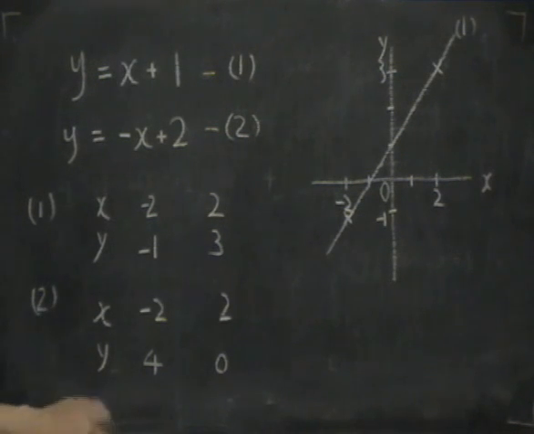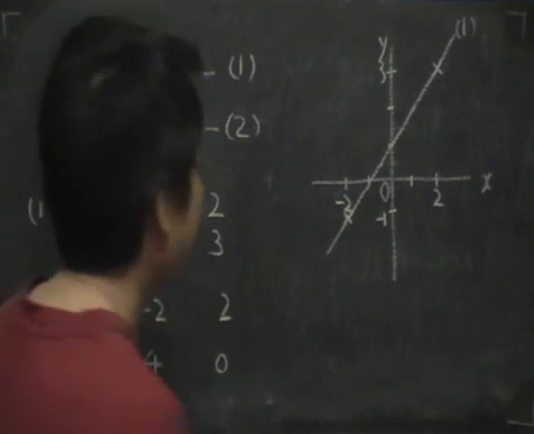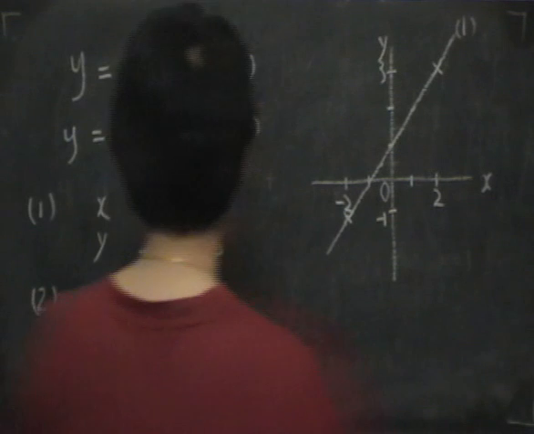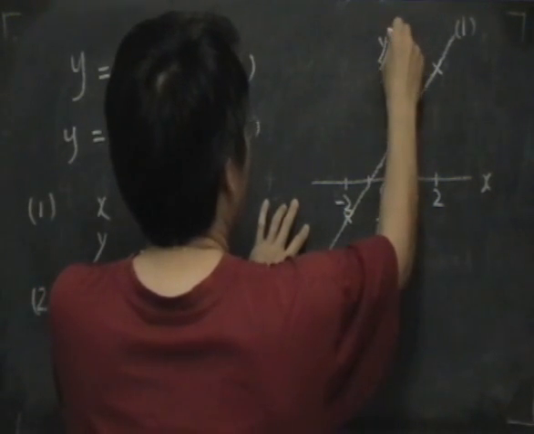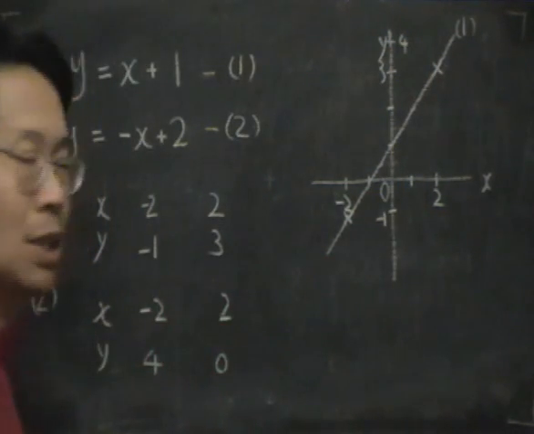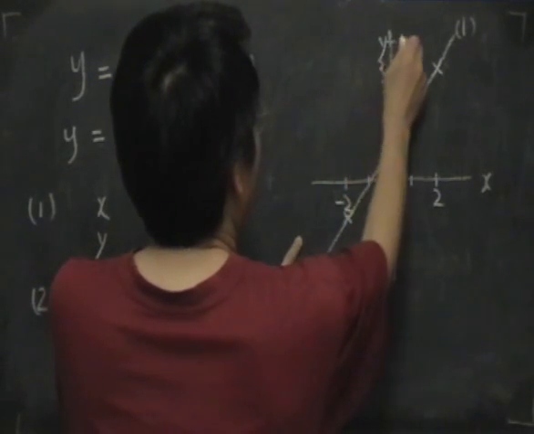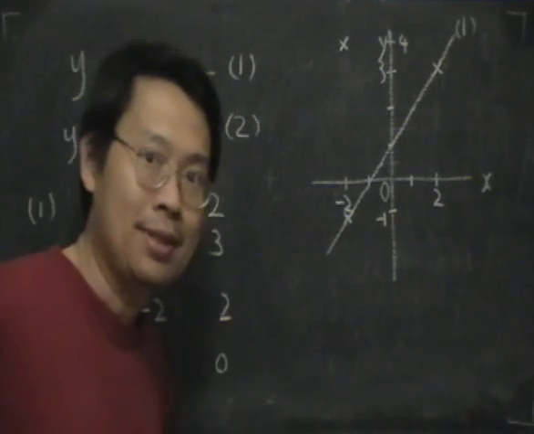Alright, let's plot this. First point is minus 2, 4. So minus 2. So y goes up to 4, so that's 1, 2, 3, 4. It's up there. So the first point is minus 2 and 4. That's one point.